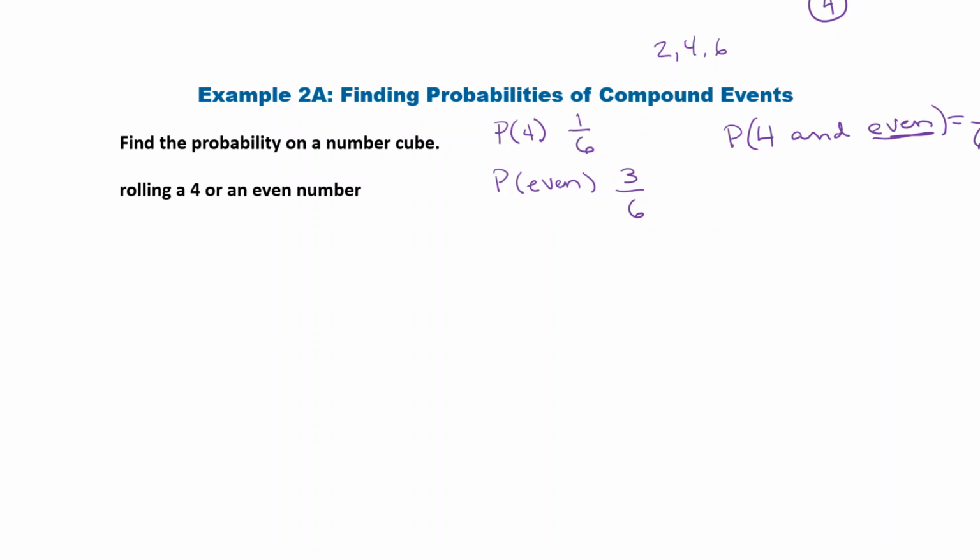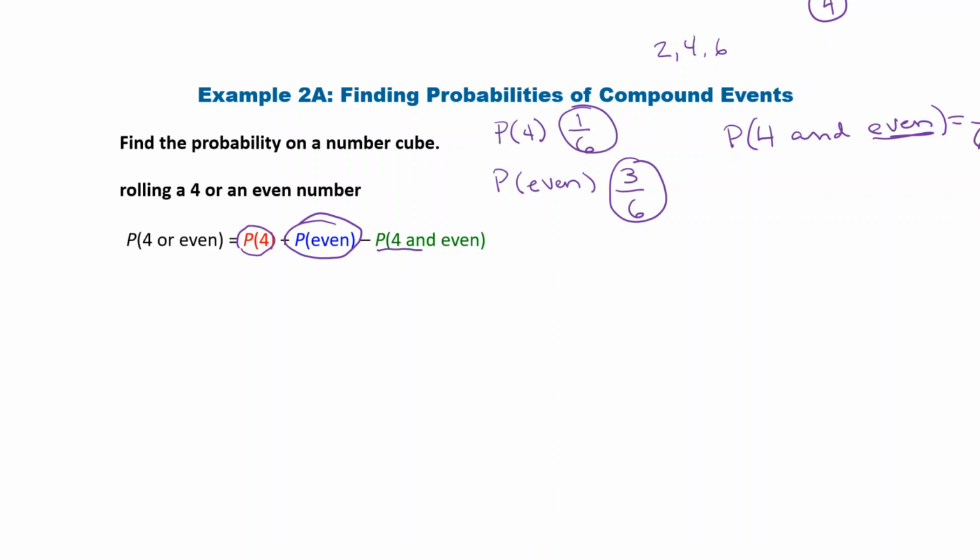Okay, so now that we have that information, we can take a look at our formula. We're going to take the probability of rolling a 4, 1/6, plus the probability of rolling an even, 3/6, and now we're going to subtract out that one that is in both of them. That's going to be our 1/6.